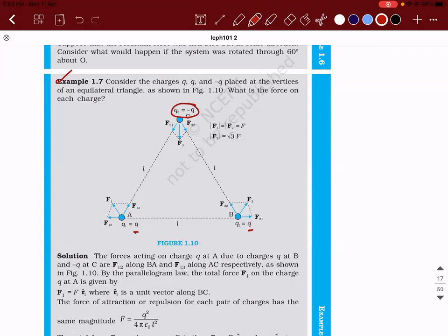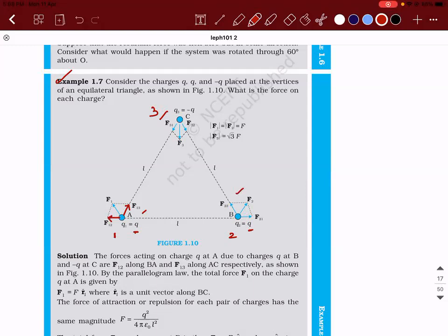So what will be the force due to the remaining two charges? If I take this as the first charge, second charge, and third charge, let's start with the force experienced by the charge at 1. Due to the negative charge, there is an attraction, and due to the next positive charge, there is a repulsion, right?